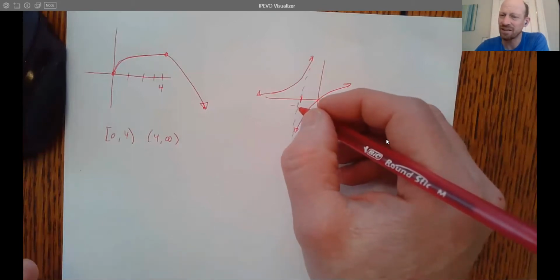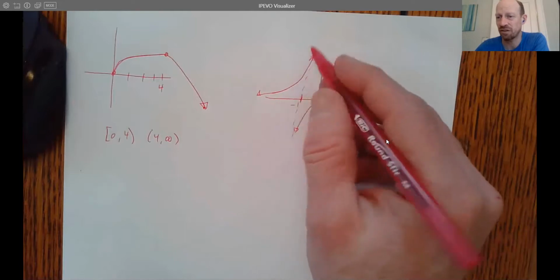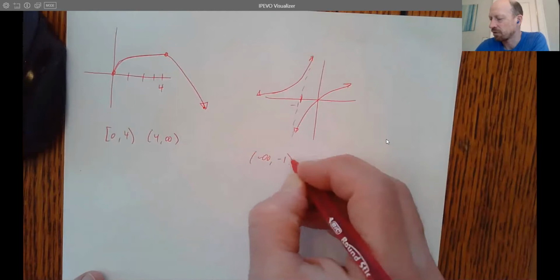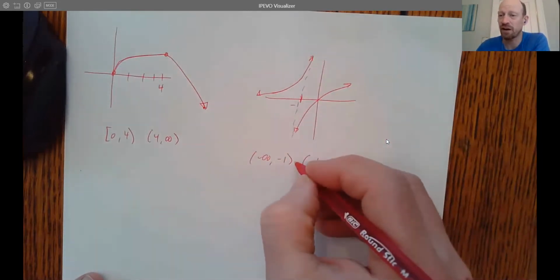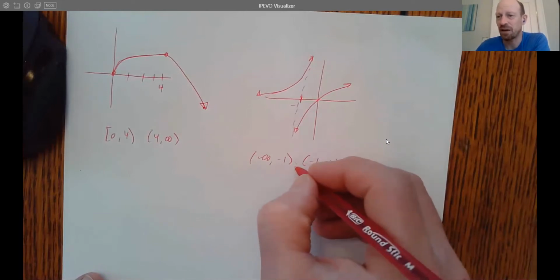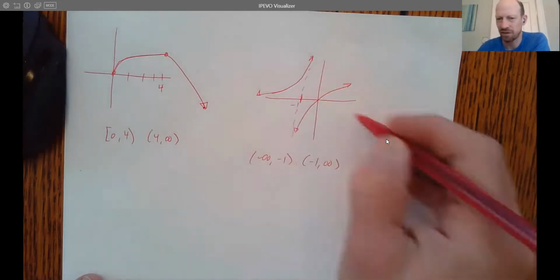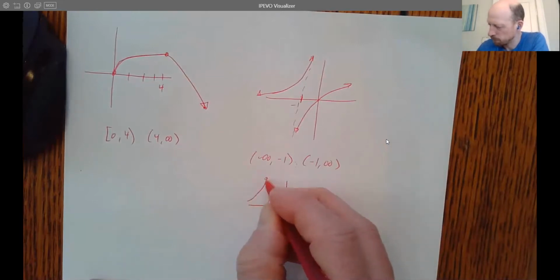So technically it is not a critical point, but it still could be a spot where the function changes from increasing to decreasing or vice versa. So we still have to check that because the derivative is undefined there. But this cannot be a relative minimum or maximum because the function is not defined there. And maybe rather than this version, I should have shown you this version.